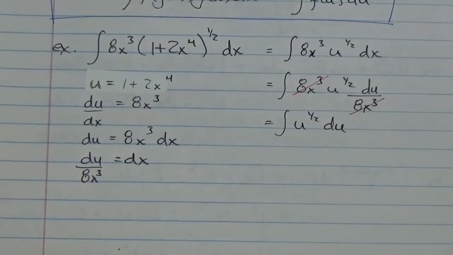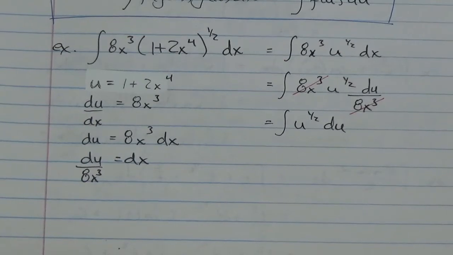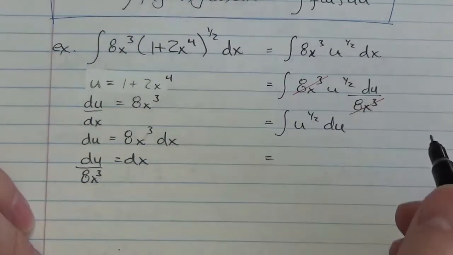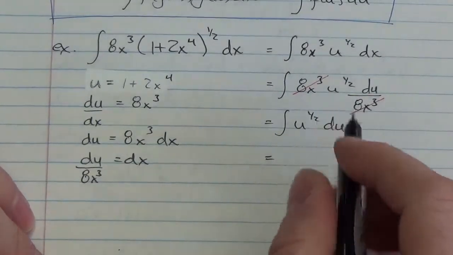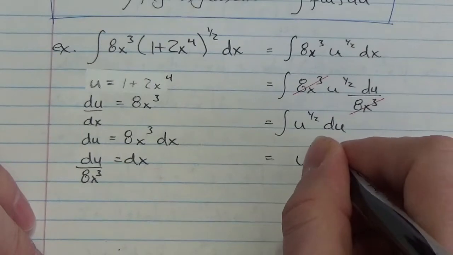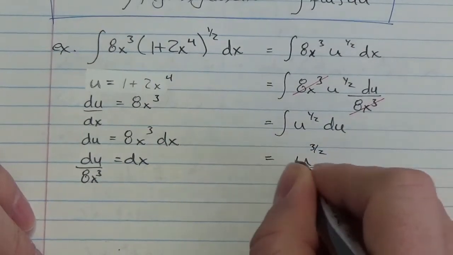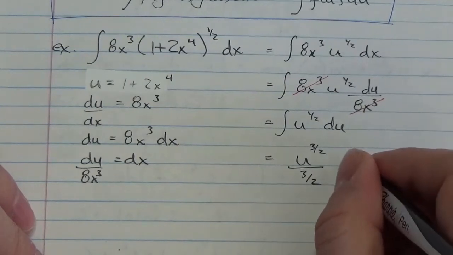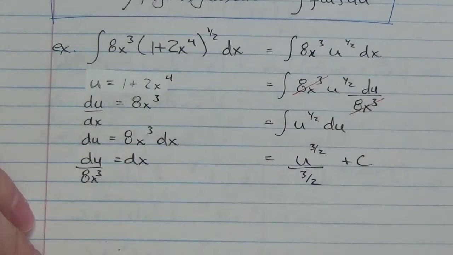So I've made a complete change to this new variable u. The antiderivative of that is fairly easy to find. I'm just going to take the exponent and increase it by 1. So it's going to be u to the 3/2, and I'm going to divide that by 3/2. And remember, this is an indefinite integral, so I have to add plus c.